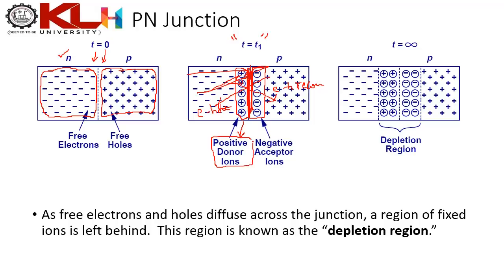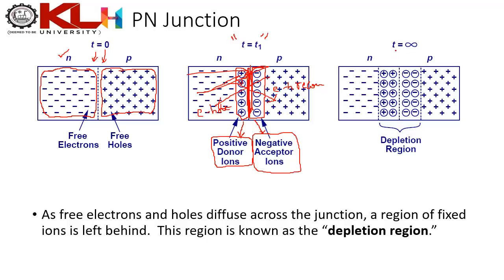The donor ions have been encircled to indicate that these are not ready for any kind of reaction. The reaction is already taking place only between electrons and holes. But what is happening slowly and gradually at the interface is, on the n type, positive donor atoms are being piled up, and on the p type near the interface, negative acceptor ions are being piled up.